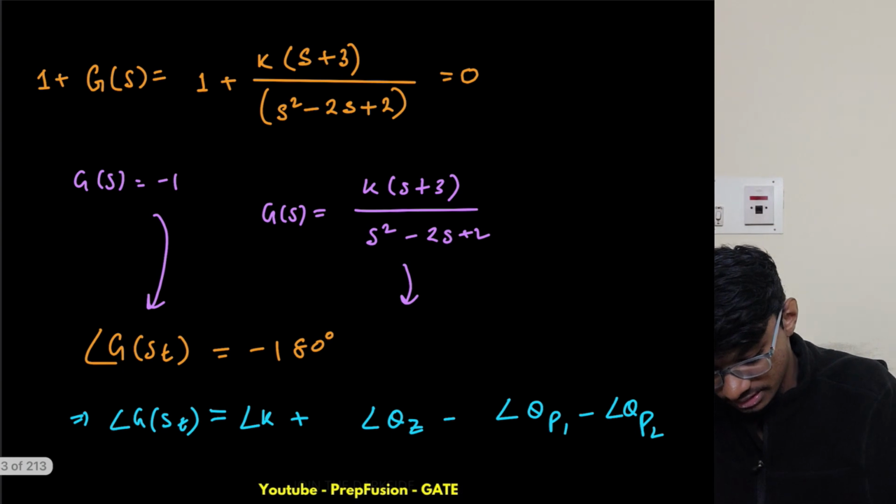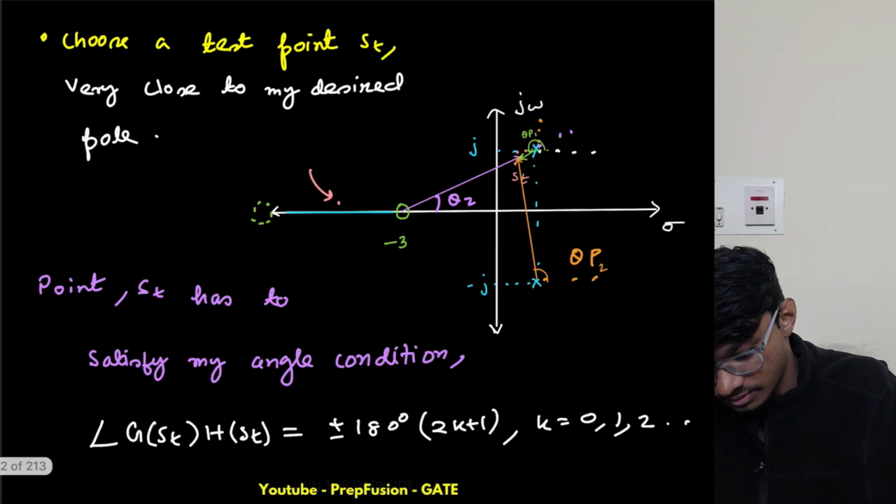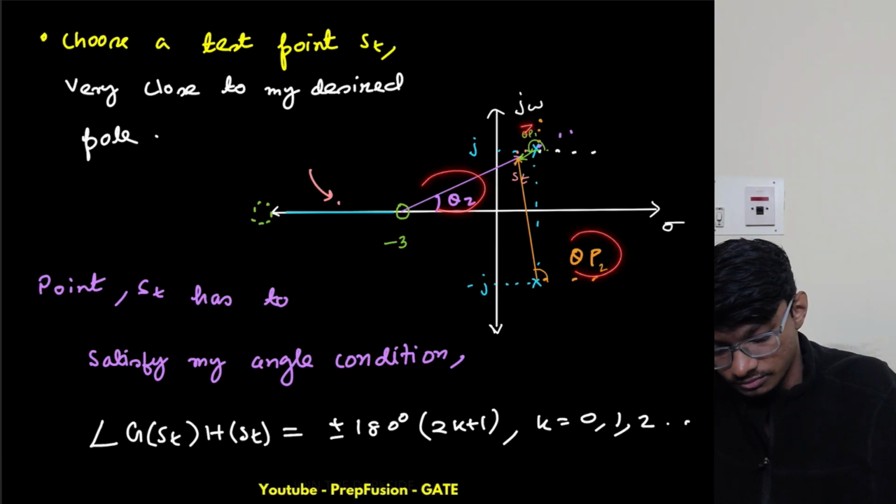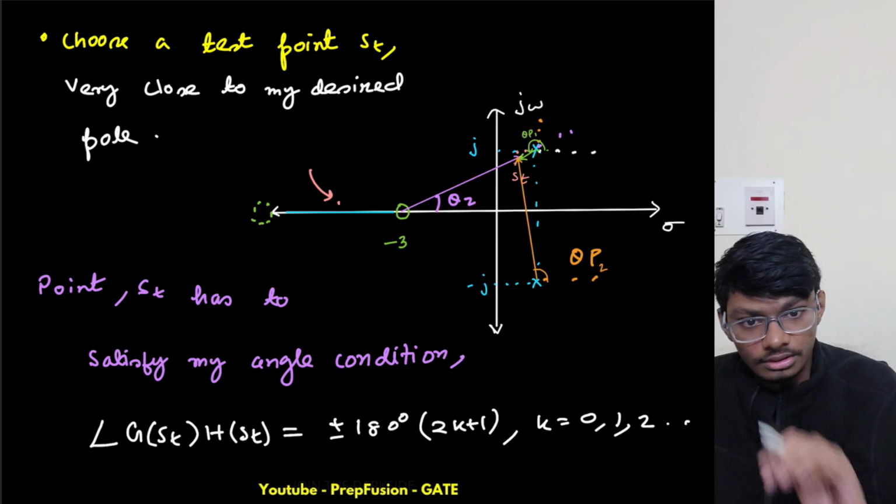Now what are these? This is theta z, theta p1, theta p2. So that is what I've written, right? So that we got.